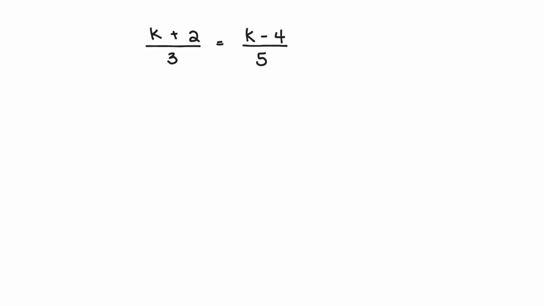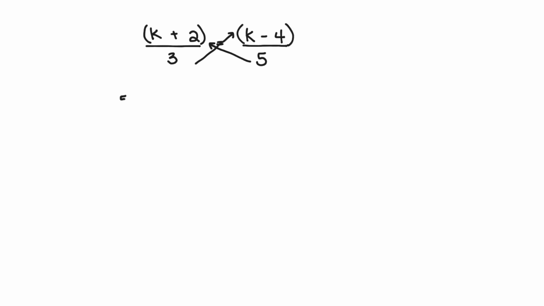So sometimes there'll be fractions on both sides of the equal sign, and in those cases we need to cross multiply. So before we go ahead and do that, we need to put the numerators, the k plus 2 and the k minus 4, in brackets. So the 5 is going to multiply to this side and the 3 is going to multiply to that side.